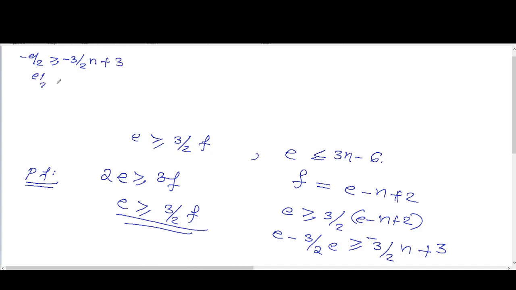That means e/2 is less than or equal to 3/2 n minus 3. That means e is less than or equal to 3n minus 6. That is the proof of the second inequality.